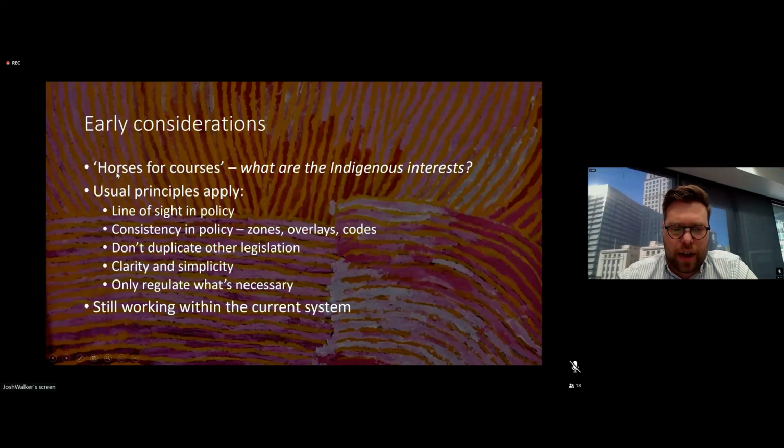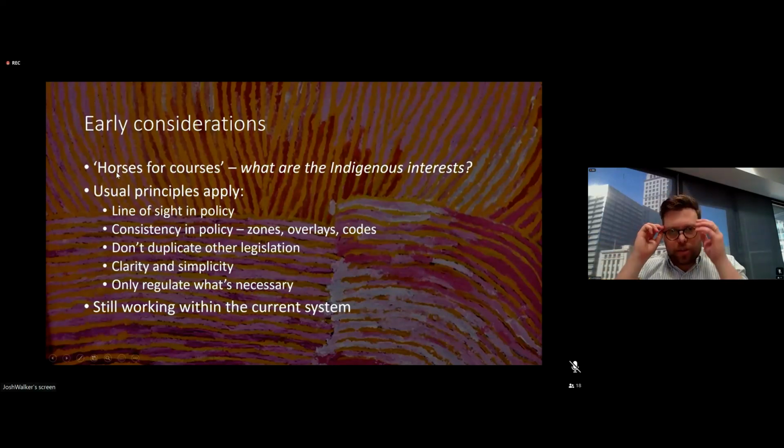So, having that clear and consistent line of sight in policy from the strategic framework right down through codes and even planning scheme policy if need be. You also need to make sure you've got consistency in what that policy says: say it once, say it the same, deliver it in further detail as you step down.